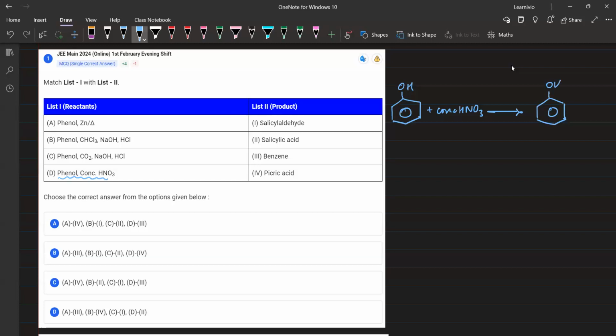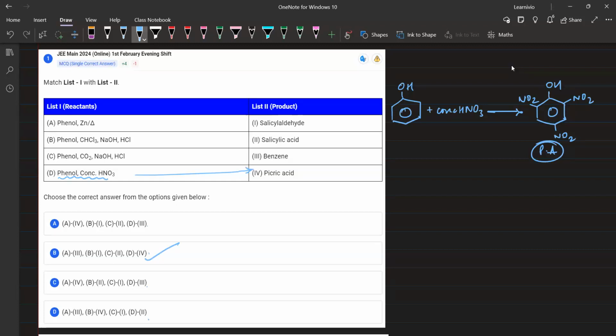The OH will be as it is, and you will get NO2 in all the ortho and para positions. This is known as picric acid. So D1 is for 4, and you have to look at the options D3, D4, D3, D2. So D4 will be the correct option.